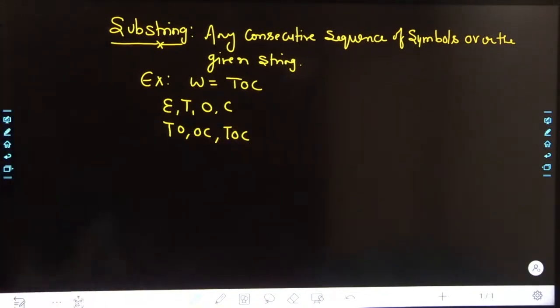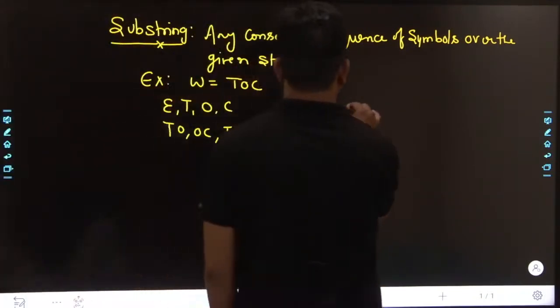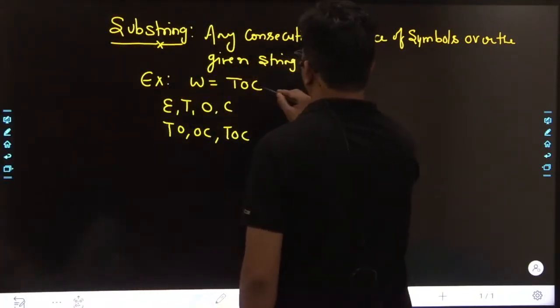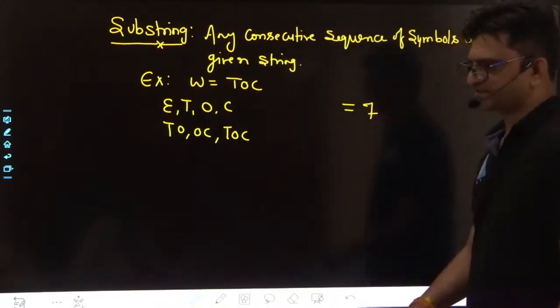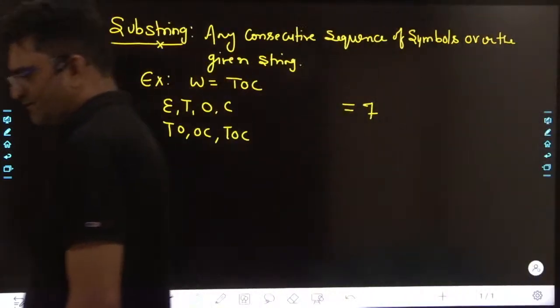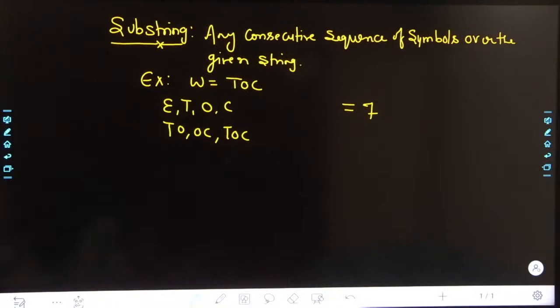So number of substrings are 7. If length of the string is 3, then number of substrings are 7. Clear?